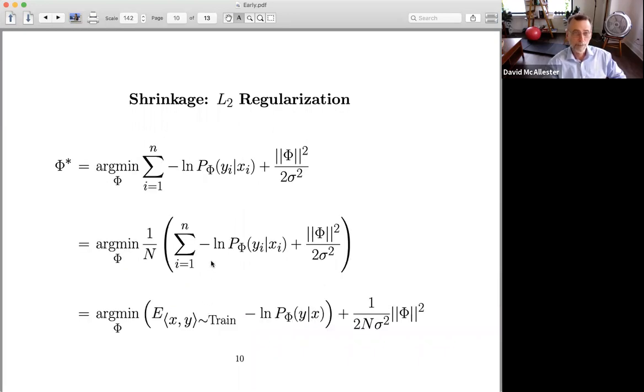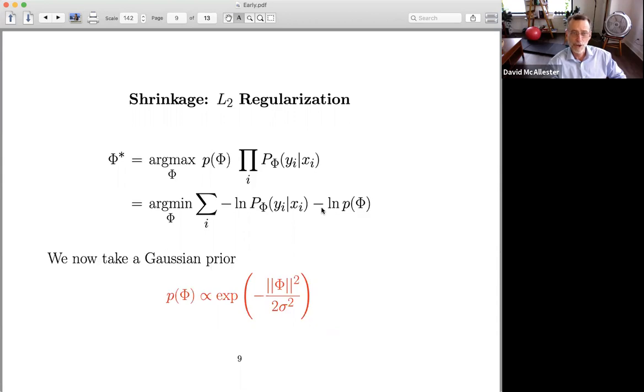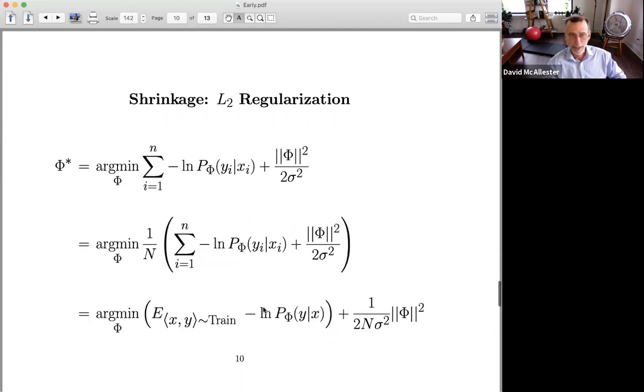So what I'm doing now is I'm taking minus log of this probability, and minus log of that is turning into the norm of the parameter vector squared over 2 sigma squared. There should be a minus log z for the normalization constant, but then z is just the z of the prior, so it doesn't depend on phi. So I can ignore it in the optimization.